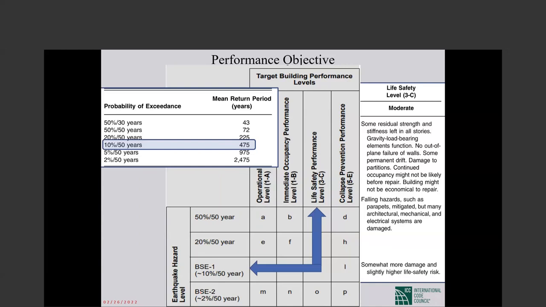We say 10 centimeters, a smaller earthquake 2 centimeters, a very big earthquake 50 centimeters. So the quantification of the earthquake hazard level will be base shear in linear analysis and target displacement in nonlinear analysis. Then the target building performance level.